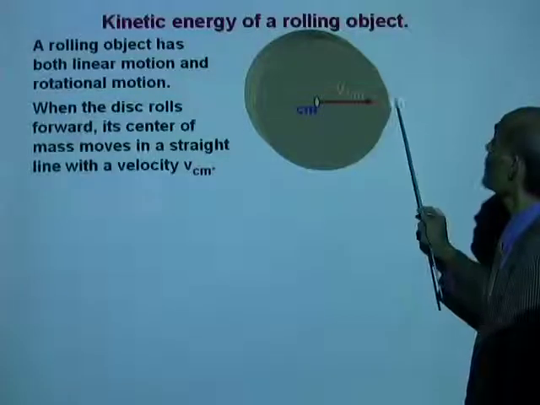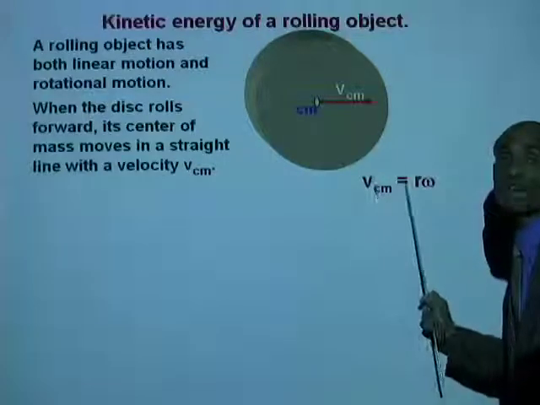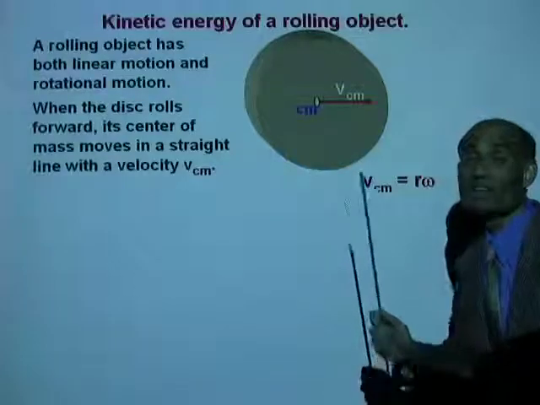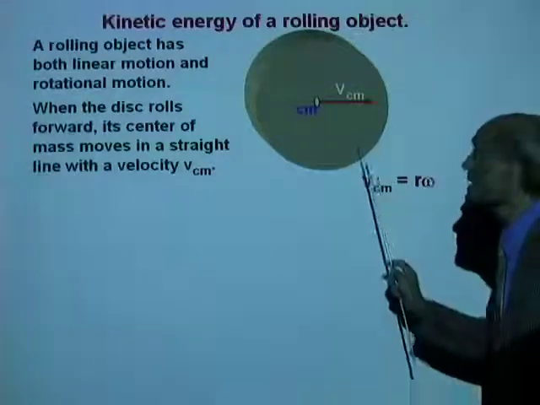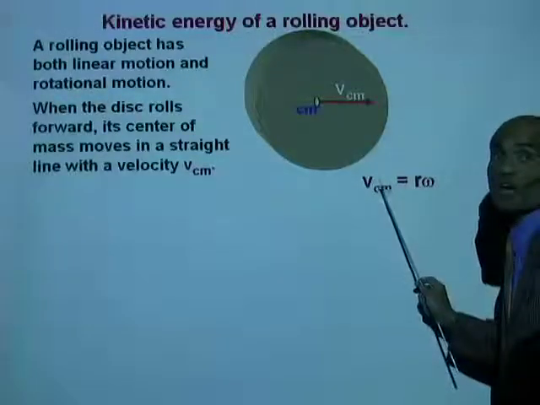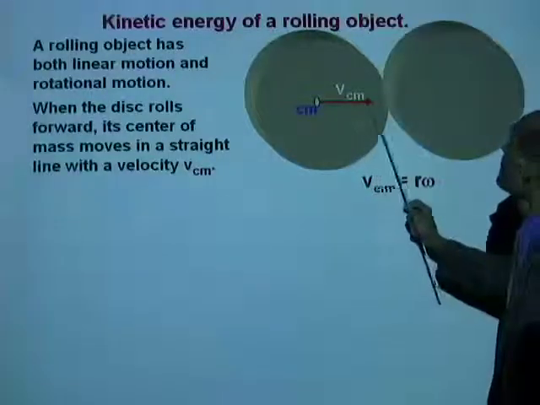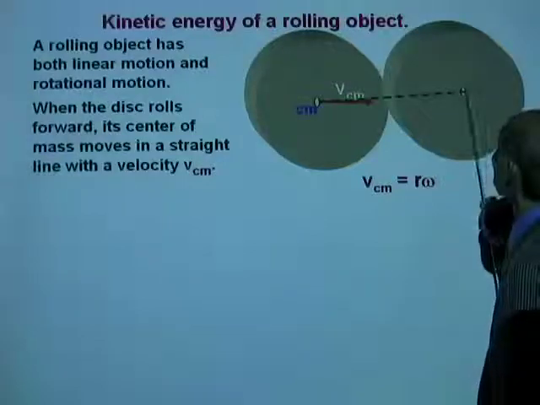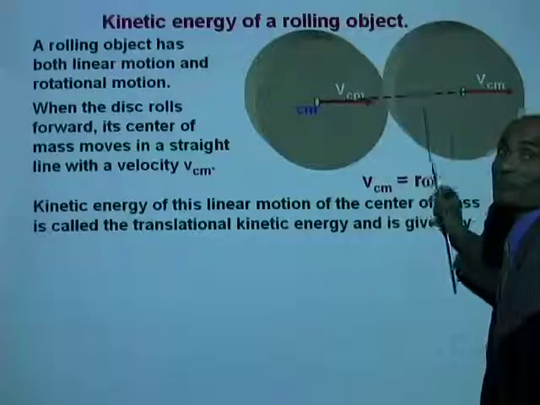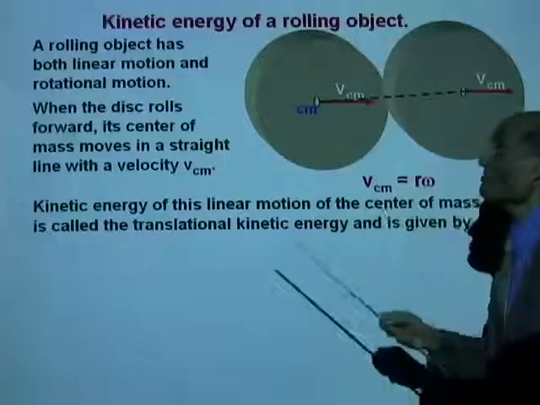Its center of mass will move forward with a velocity v center of mass equal to r omega. Are you familiar with that equation? Yes, v equal to r omega. So its center of mass will be moving forward with a velocity v center of mass equal to r omega, and it rolls on. It comes to a new position. That means it has been rolling from an initial position to a final position.